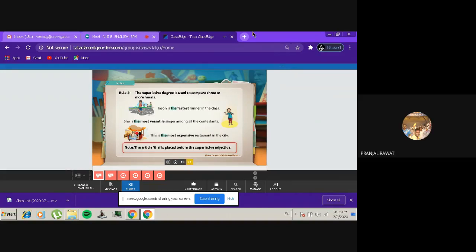Ma'am, what is the meaning of versatile? Versatile means overall a package of many positive qualities. Like a versatile singer: some people can sing only classical songs, and some people are good at singing movie songs, isn't it?